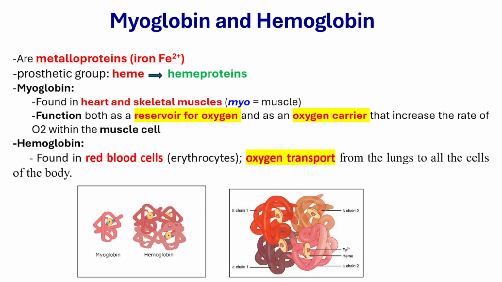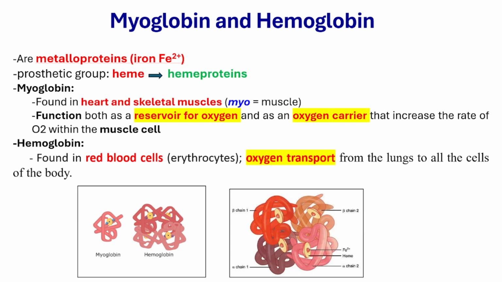And this hem carries a metal, which is the iron, okay? So that's why hemoglobin is called a metalloprotein, because it carries iron, a metal. Same thing for the myoglobin. Myoglobin also is a metalloprotein, okay?